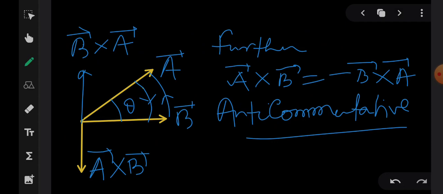So when you rotate the right-handed screw clockwise, it will go down. So this will be the direction of A cross B. So A cross B is perpendicular to the plane of the screen of the mobile and pointing downward.